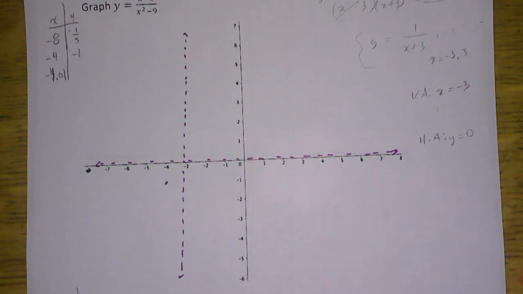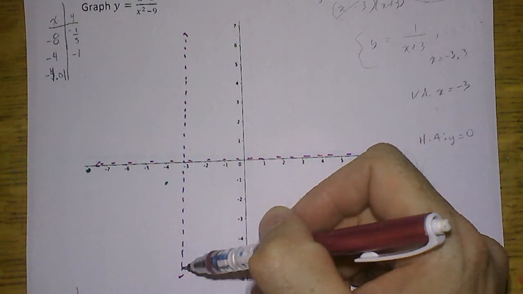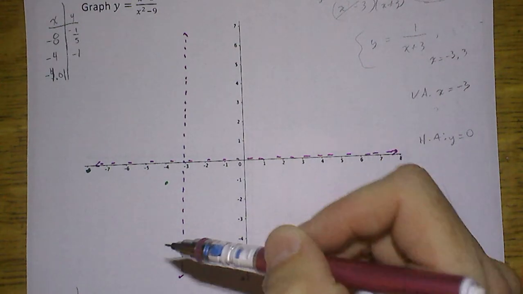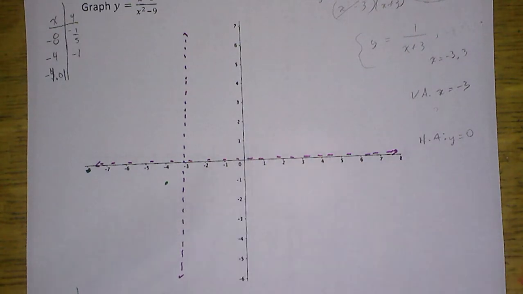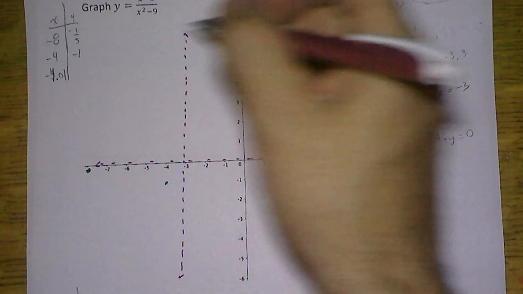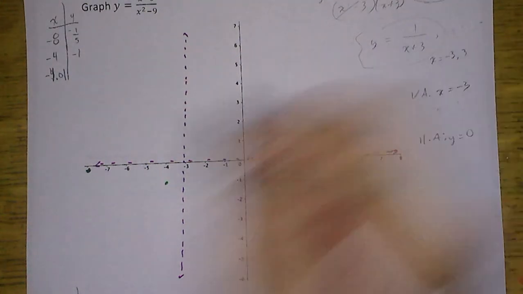And now this is called a sign test. You know that by the definition of a vertical asymptote, my y value gets very, very large. You can verify this with your calculator if you want. So here, I'm just going to take a look at this.